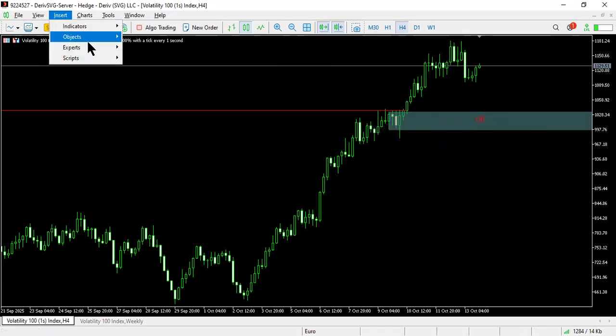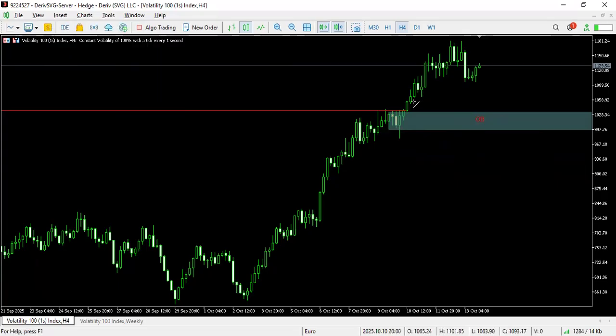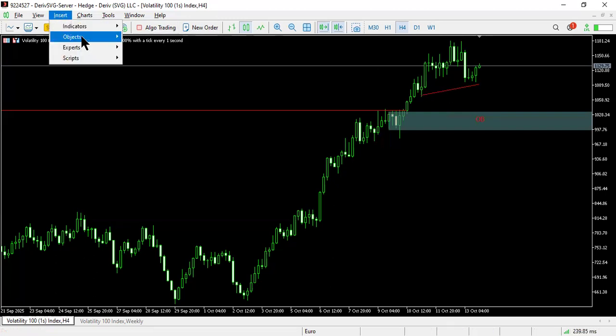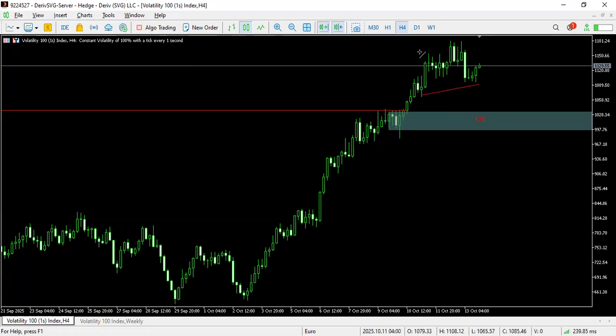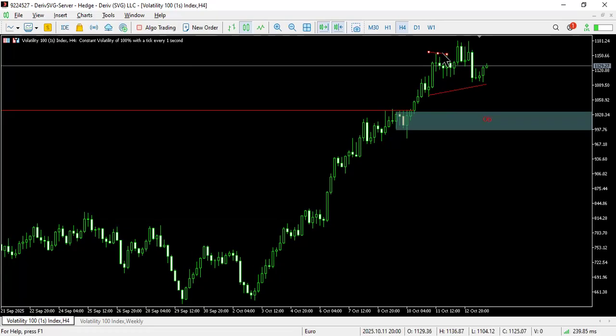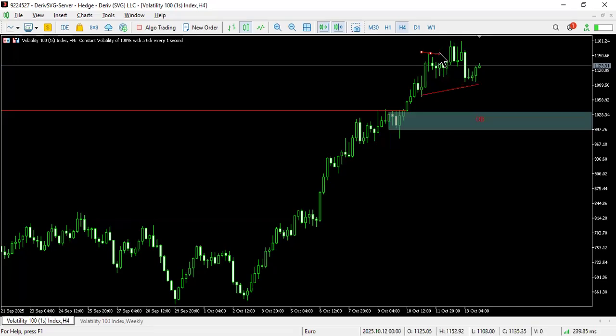And we can see liquidity is present. That is the trend line liquidity that price will sweep to come and tap into that order block. And then we can see the inducement, which is that order block there.